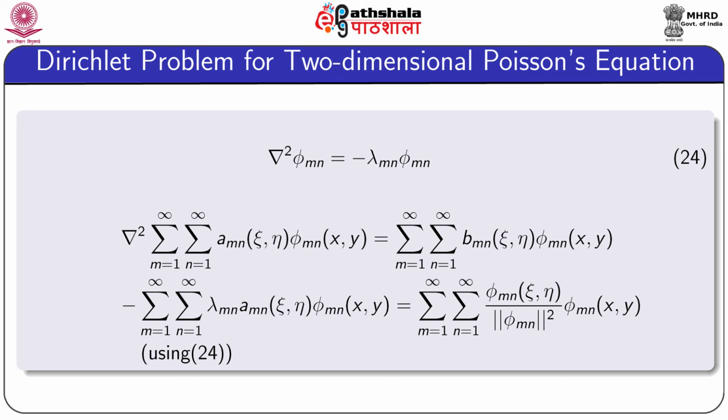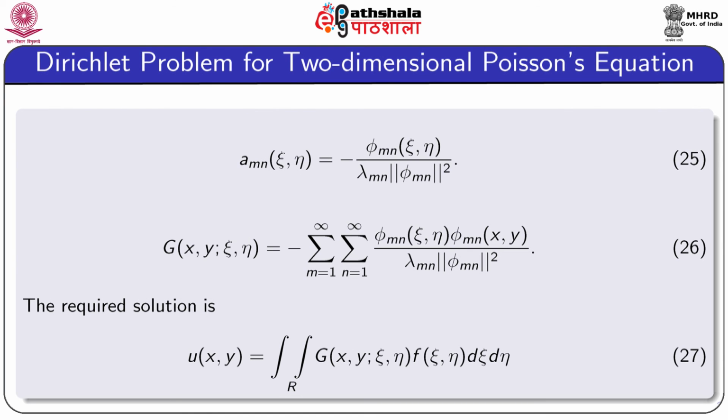Now, using the orthogonality property, we can find the value of Amn as minus phi mn by lambda mn into norm of phi mn square. Thus, we can find the eigenfunction expansion of the Green's function G as sum over m, sum over n, Amn into phi mn of x, y. Therefore, for this particular problem, we can obtain the Green's function in terms of the eigenfunctions of the Laplacian operator.